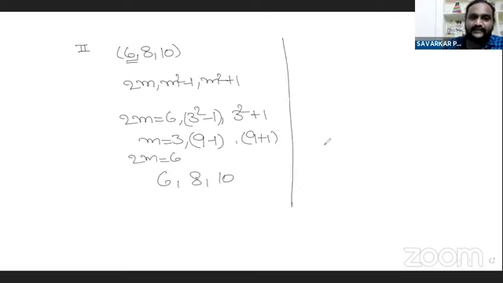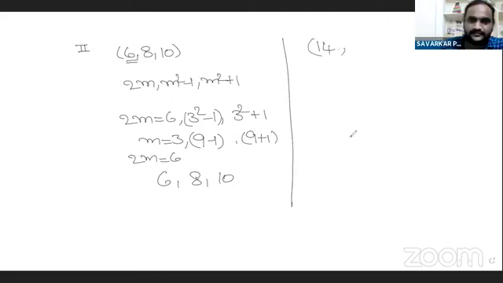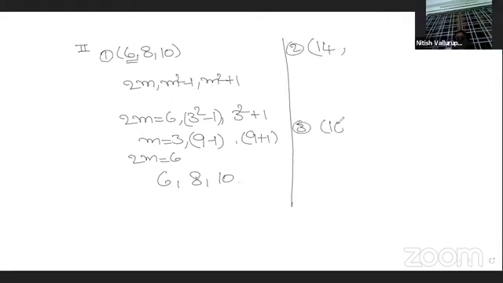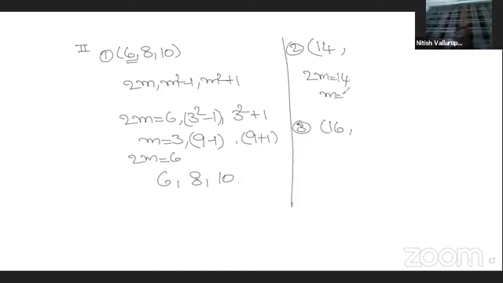Can you write a number which starts with 14? Yes, sir, we can. Try this one, 14. Sir, 14, 195, and then 197. If it is 14, what is m? 2m is equal to 14, so m is 7.